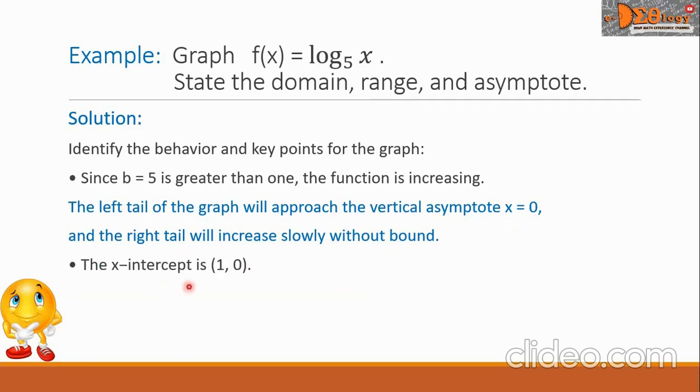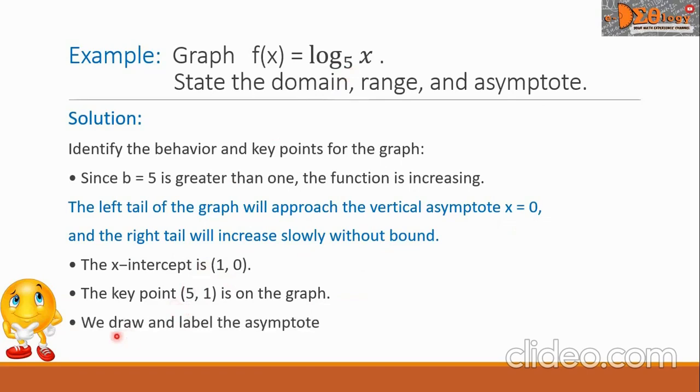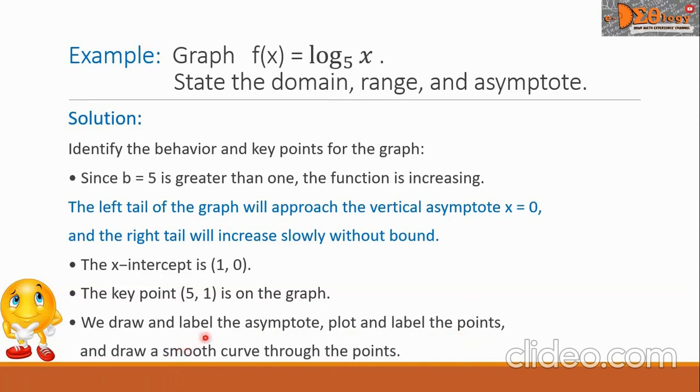The x-intercept is that point (1, 0). And we have the key point (5, 1) that is on the graph. Again, this 5 here comes from the base of the logarithm. We draw and label the asymptote, plot and label the points, and draw a smooth curve through the points.